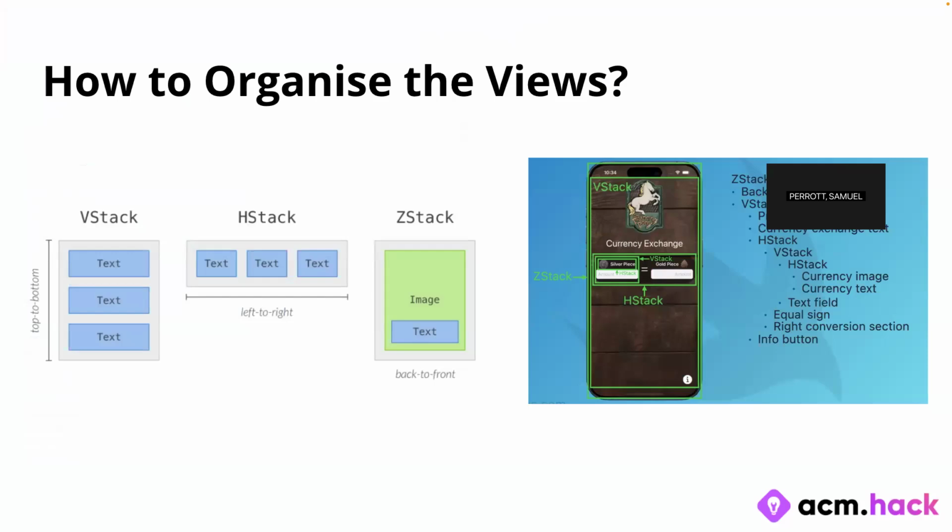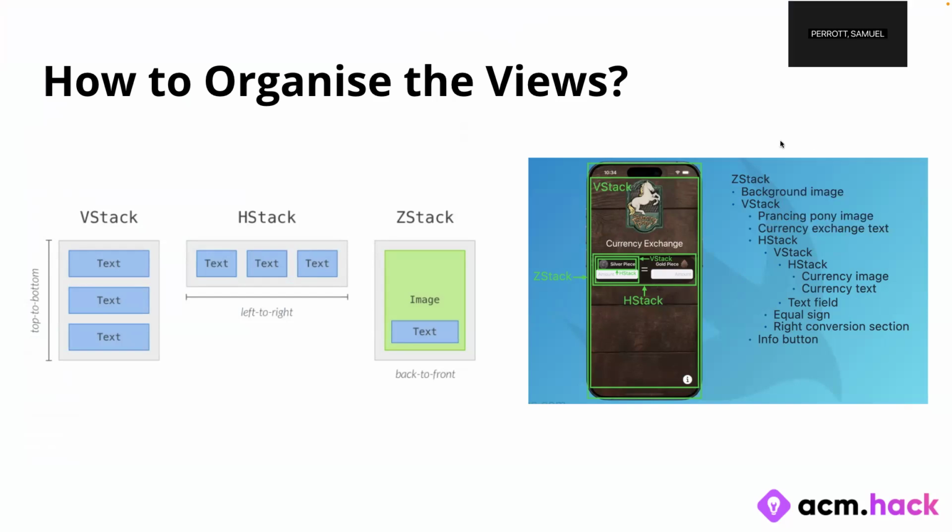Probably not. So we have to decide how to lay out our views. And the way that we do that is using stacks. There are three types of stacks. A VStack, which is a vertical stack, HStack, horizontal, and a ZStack, which comes from the bottom of the app to the front of the screen.